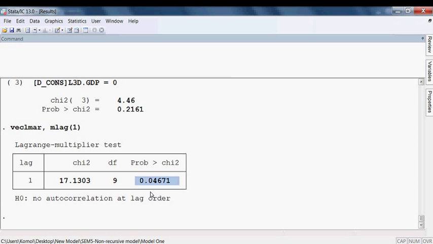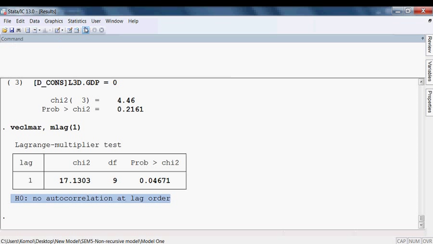And the probability is 4.671%, which is less than 5%, meaning that we can reject our null hypothesis of no autocorrelation. This means our VECM model has autocorrelation as a whole, and that is not desirable. So we are not happy about the model because there is autocorrelation.